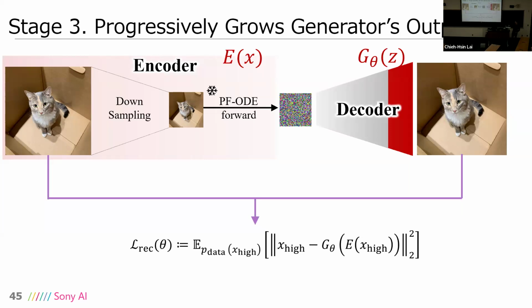To answer this, our trained model is still doing the generation, which means we still randomly sample a noise at the low resolution and do the decoder one step to produce the sample. And the reason we need the diffusion model over here to play a role as the encoder is because we are still doing certain distillation.